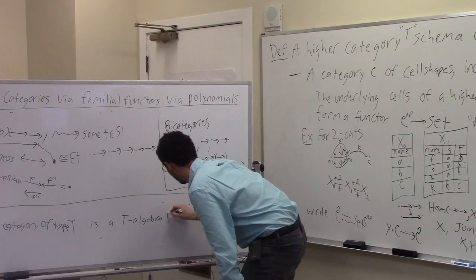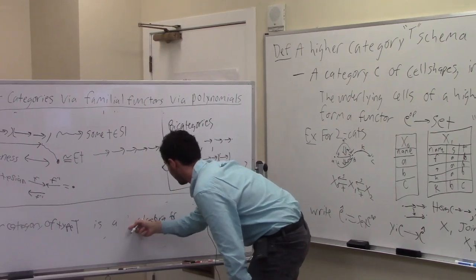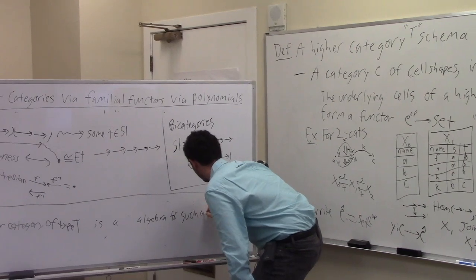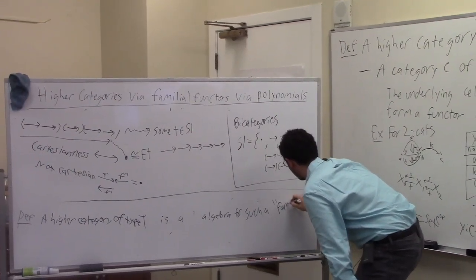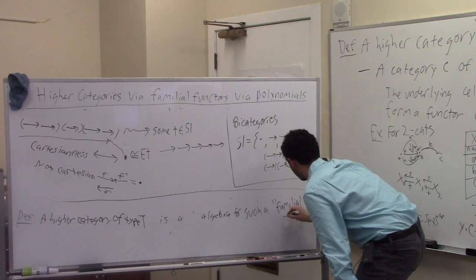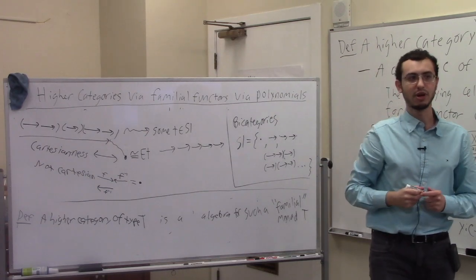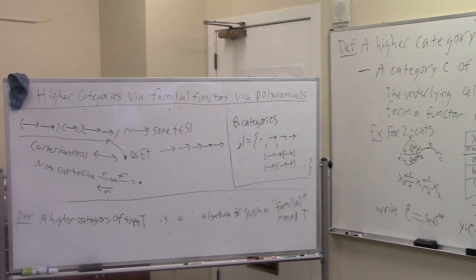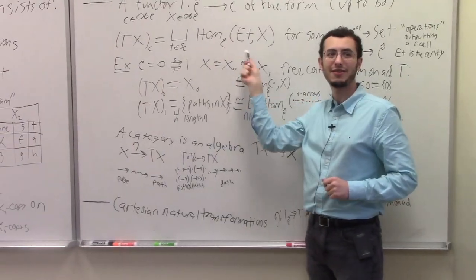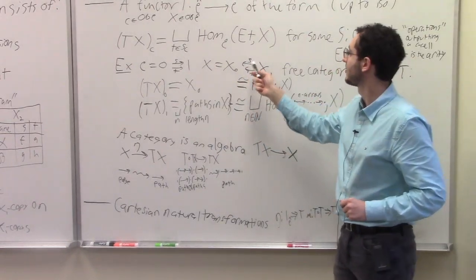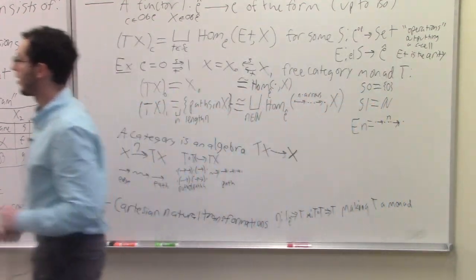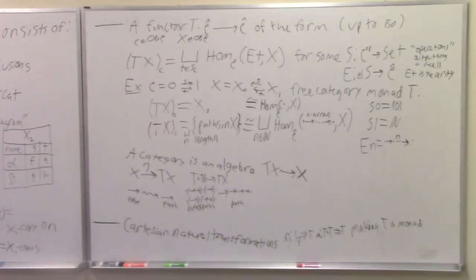So we call this T a familial monad. And familial is short for familially representable because we see that it's given by not a representable, but a family of representables, where that family can vary based on C. And so this is what I mean by a type of higher category.